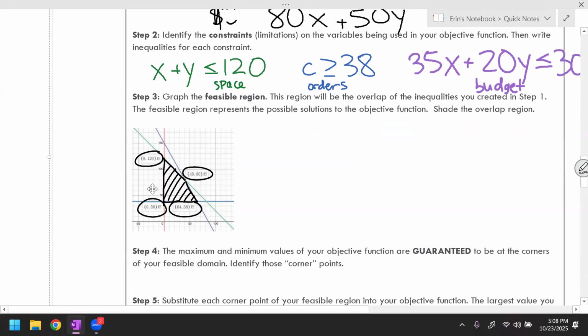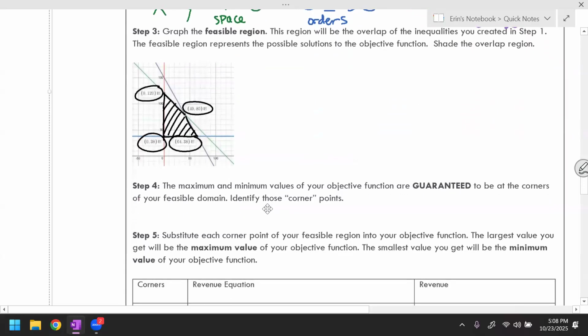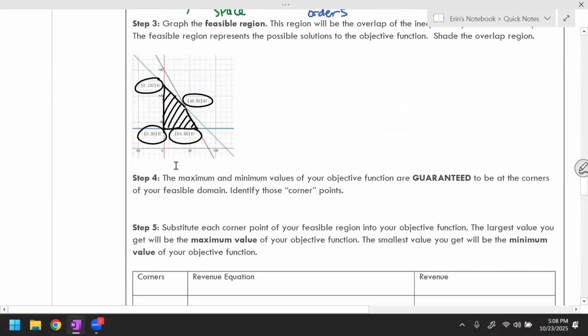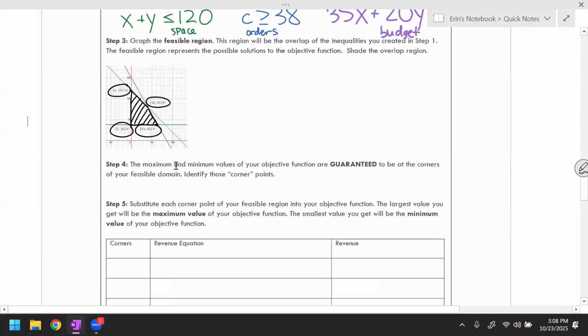And we're not going to prove why that's true. What that means is all I have to do now is look at each of these corners, run the calculation, and see how much money I will make if I plant each of these.